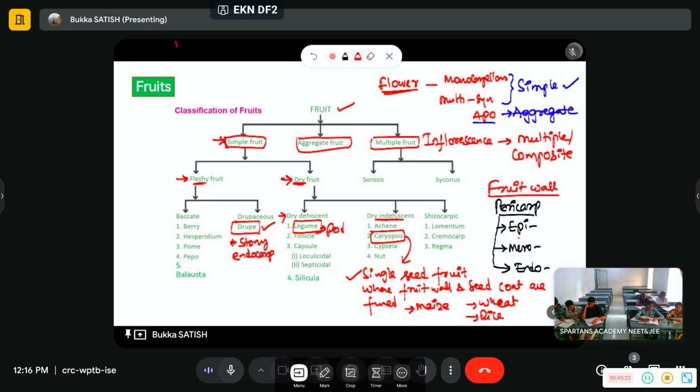That's it. These are the important fruits which you have to learn. Other than that, we'll come across terms like berry in Solanaceae family and all. Names are enough.